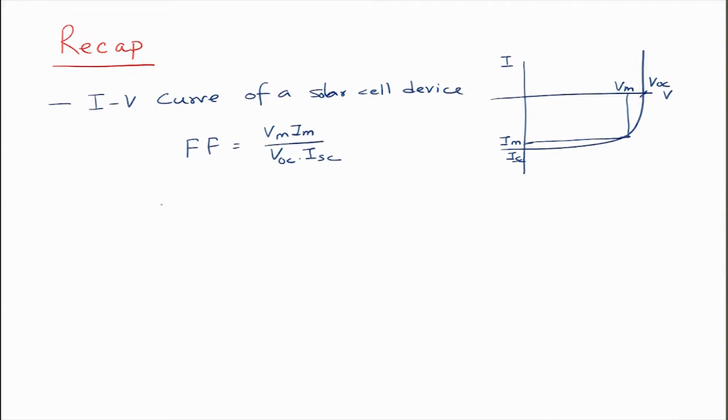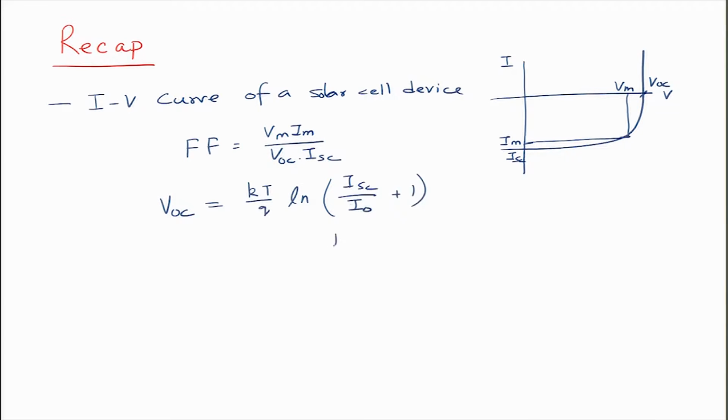Another parameter of importance is VOC, and VOC is nothing but kT by Q into ln of ISC divided by I naught plus 1.